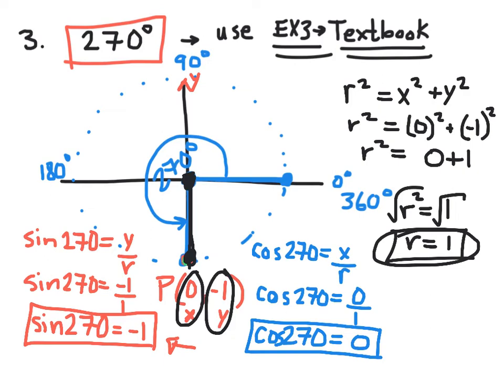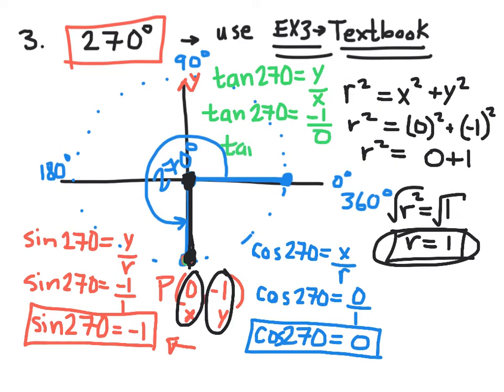And let's move on to tan. If we were to do the tan of 270, we know that tan is always y over x. So tan of 270 is going to be y, which is -1, divided by x, which is 0.